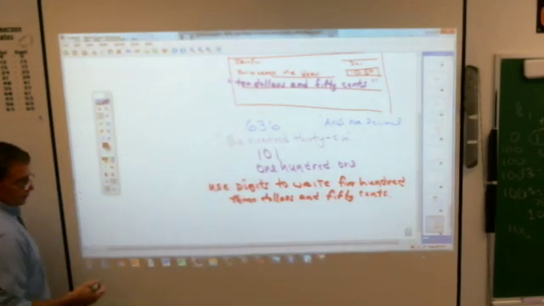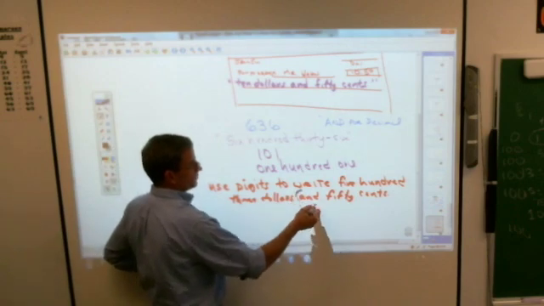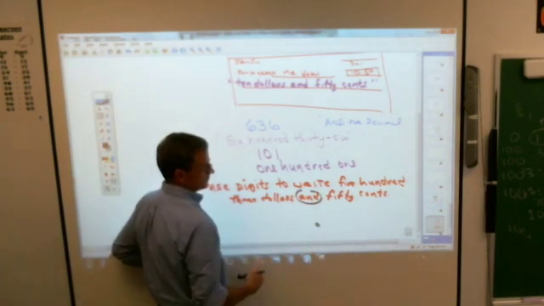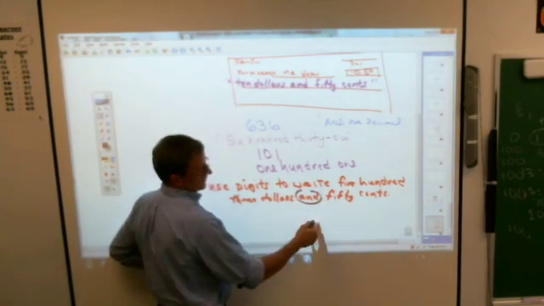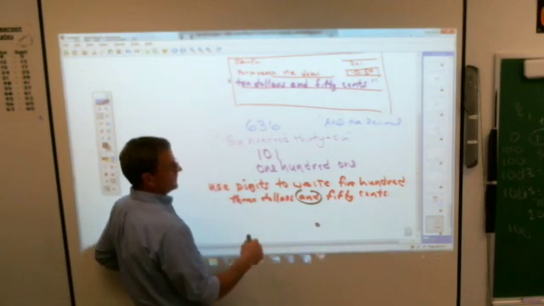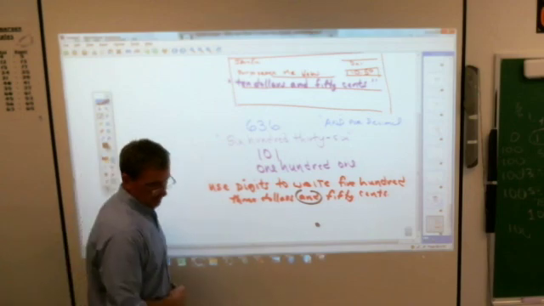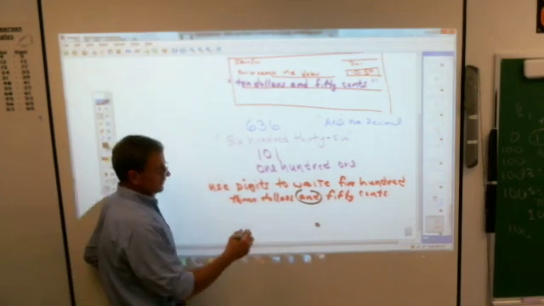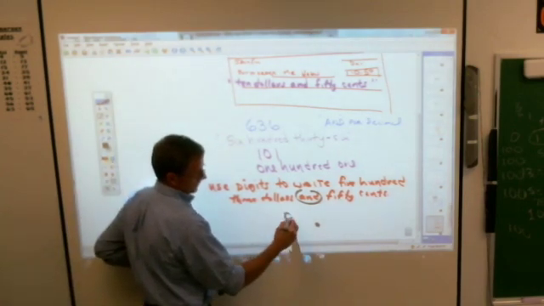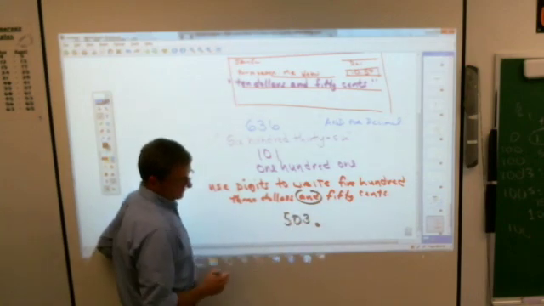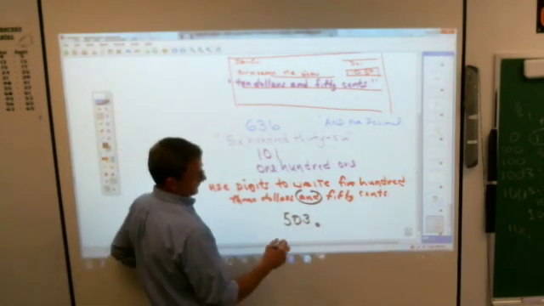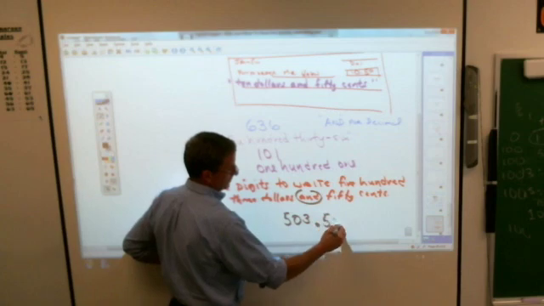It's important to note that the word "and" there is where the decimal point would go. You've got the dollars in front of the decimal point, the cents behind it. How do you write 503? 503 is pretty simple. It is just, Caleb? 503. Yep, 503. And 50 cents is just "and 50 cents."